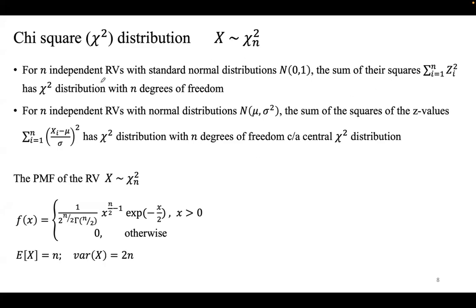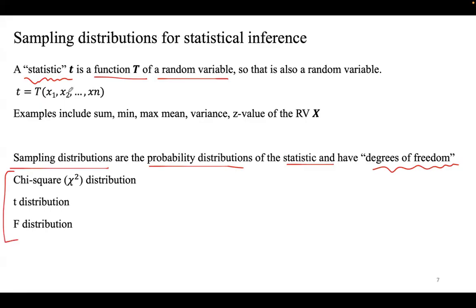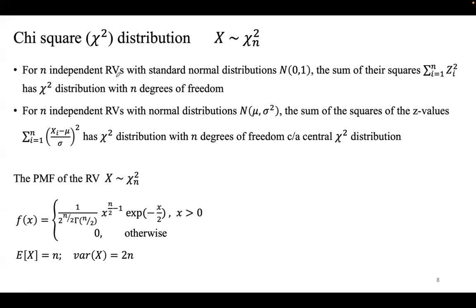So when is a certain random variable following a chi-square distribution? We start off with a standard normal distribution. For n independent random variables, and remember, we could take any number, 1, 2, 3, whatever, which are all standard normal distributions, all of them have mean 0 and variance and standard deviation 1.